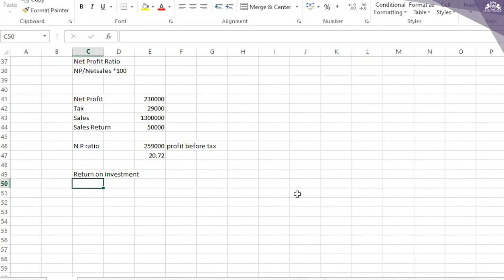I need a good return on my capital. So it tells you the ratio, or relationship, between the profit and the capital.